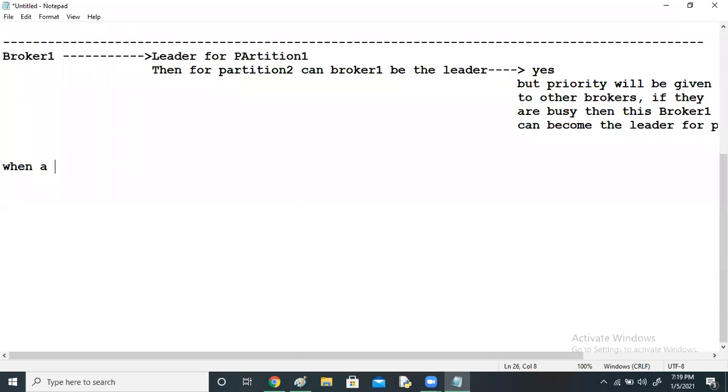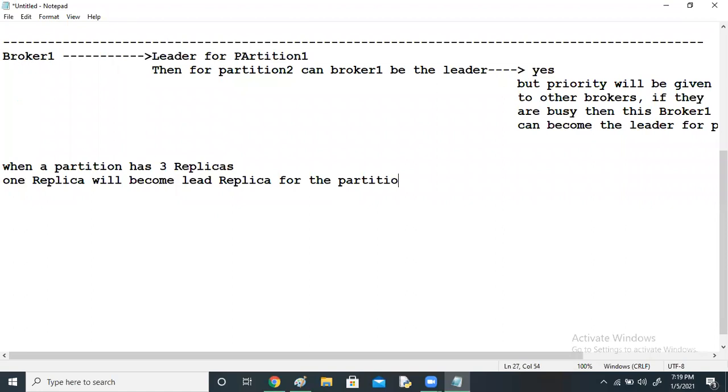When a partition has three replicas, one replica will become the lead replica, one for the partition.